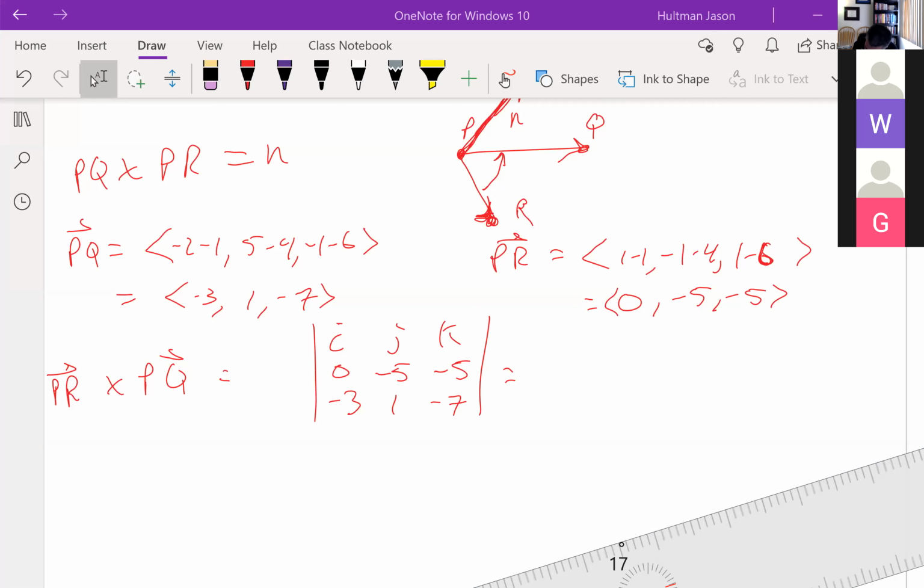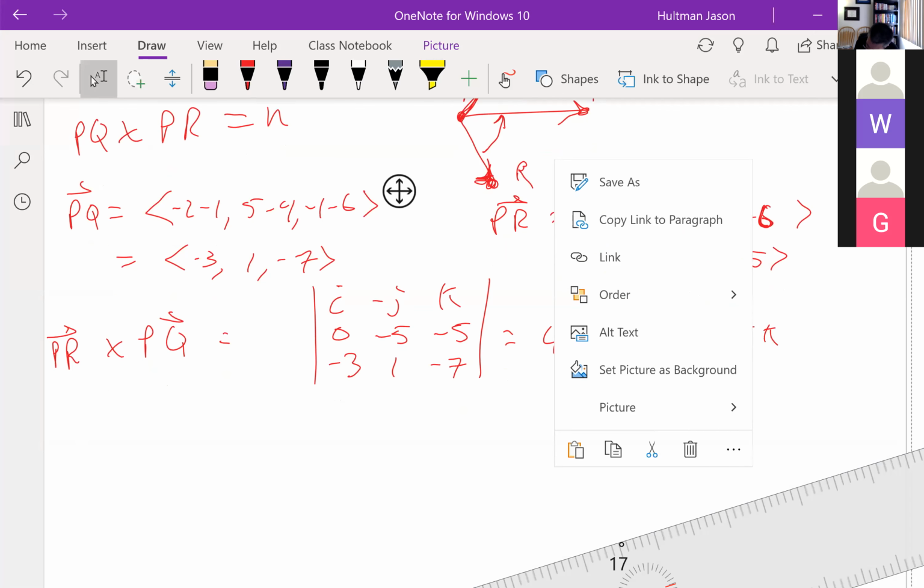This is going to be 35 plus 5, which is 40, so 40i. Then positive 15, but there's a negative, so -15j. And then k is going to be positive 15k. So that's the cross product.